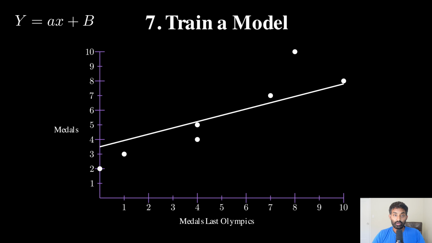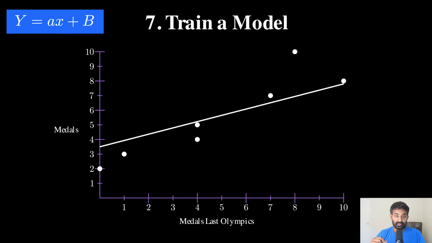So you can see that we've now drawn a line, and this line is a linear regression line. What this line does is it lets us predict new data using past data. We've trained the slope of this line using the equation at the top left. The equation at the top left dictates the y-intercept and the slope of the line.